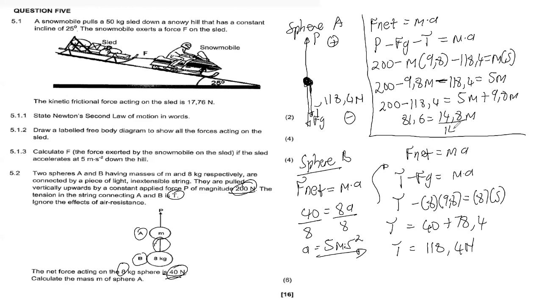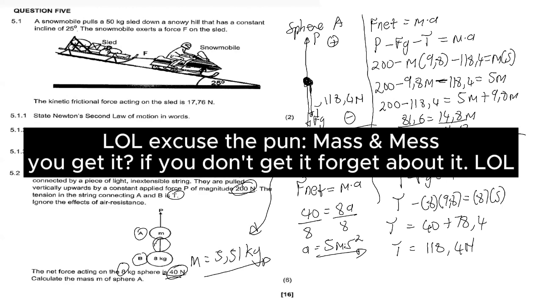Then let's divide both sides by 14.8, and our mass is now equal to 5.51 kg. Sorry for the mess there, but I hope you can follow.